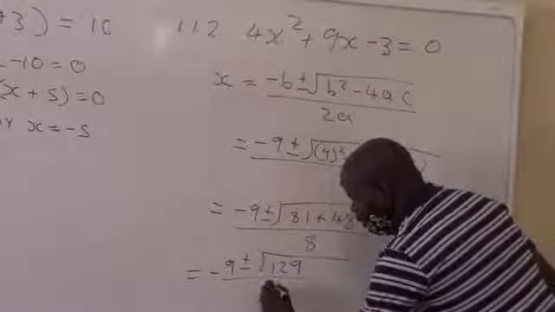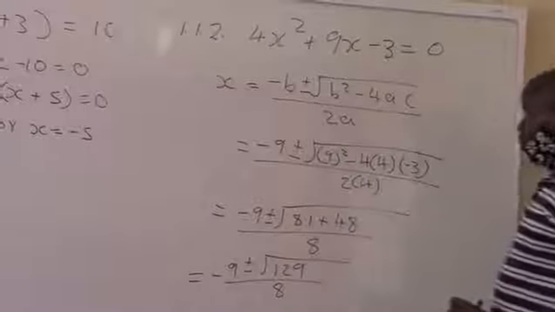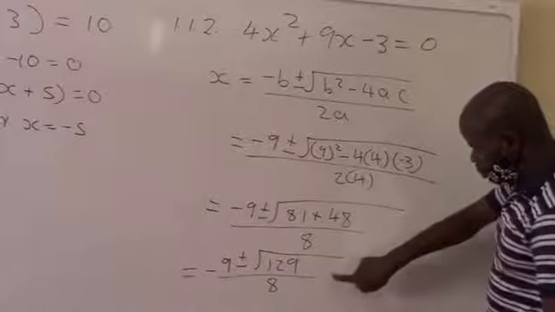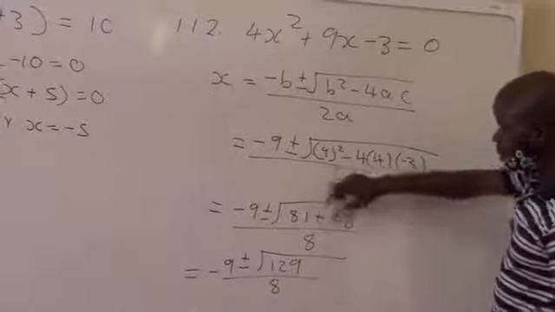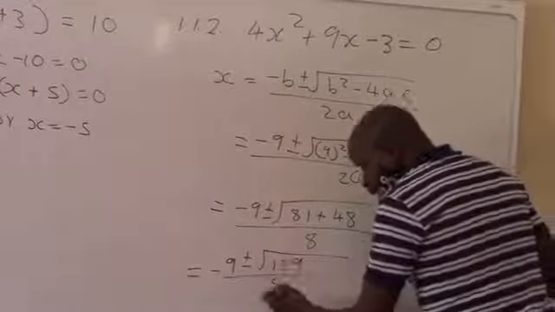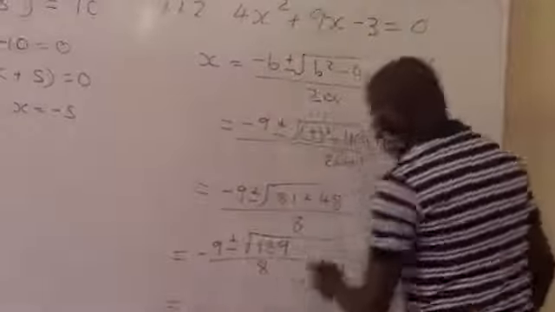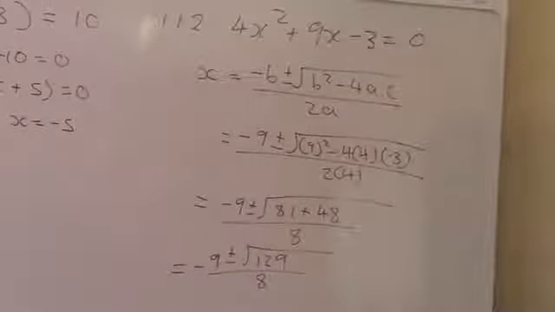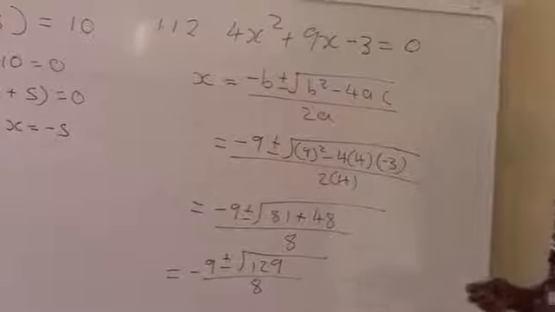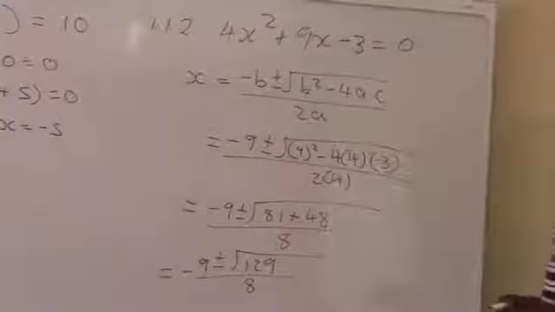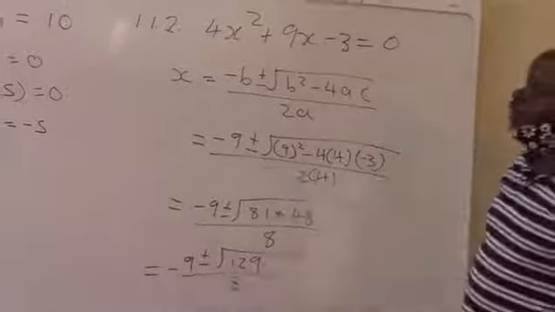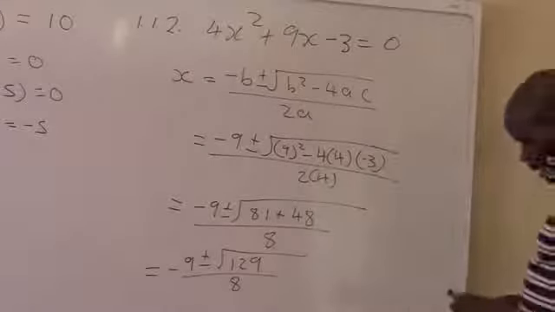129 all over 8. When we have it there, there's also a mark for adding correctly what is within the square root. Now that is where we have to use a calculator to find out what those values are, rounding off to 2 decimal places.